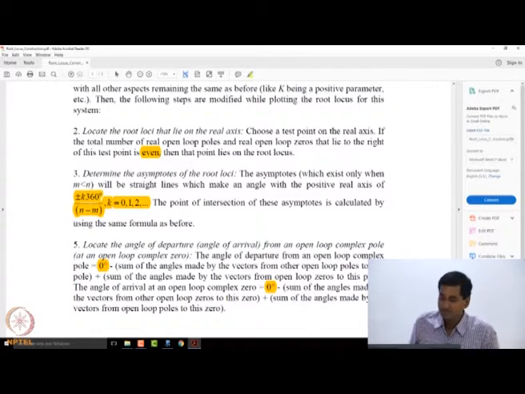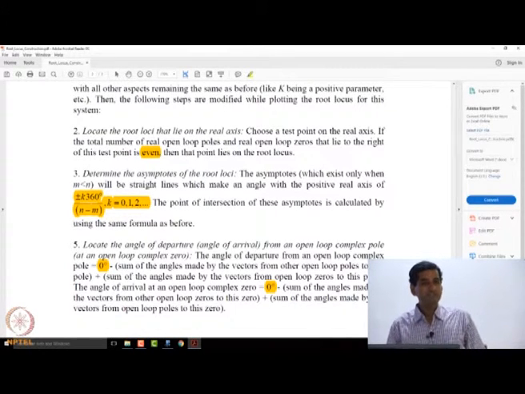So, you see that the angle of departure and angle of arrival step has changed, because of the change in the angle condition, that has come about due to the fact that we have now positive feedback, instead of negative feedback.